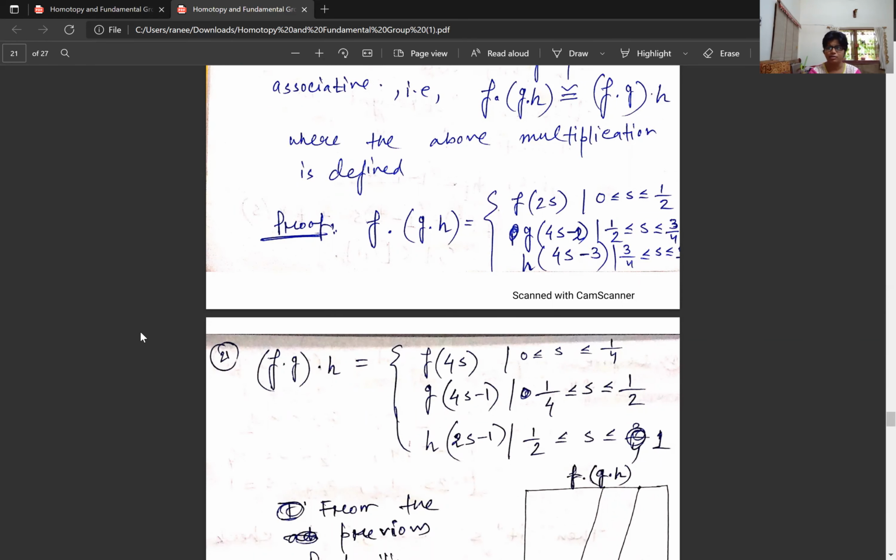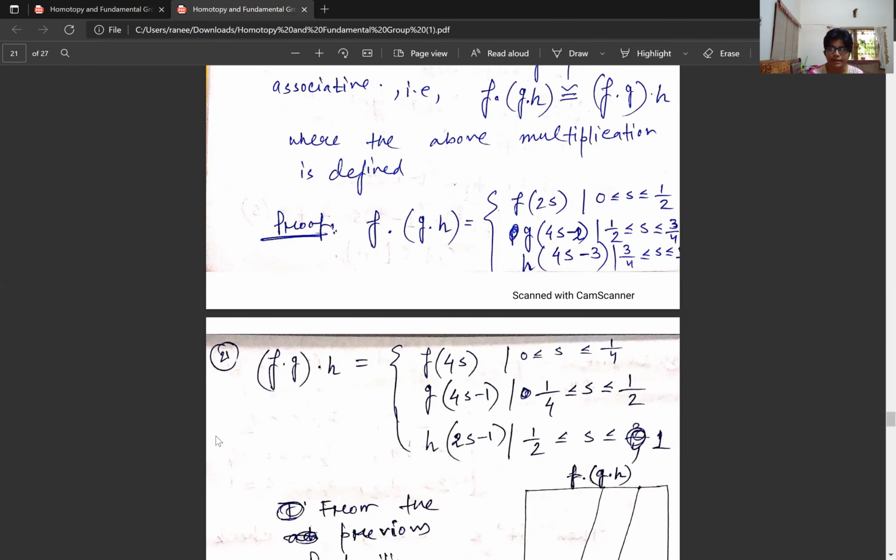This is just a technical thing. You can rigorously do it by hand to find out why this kind of formula arises and to make your concept more clear. But there is no conceptual thing in this. The concept is that half of the path is traversed by F, and the remaining half of the path is traversed by G product with H.